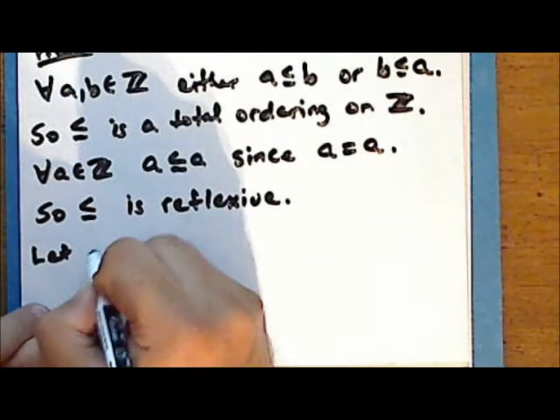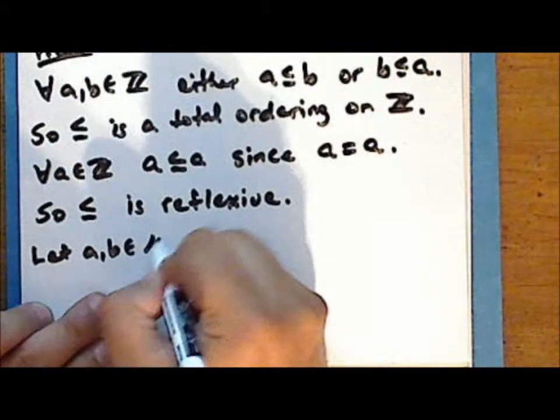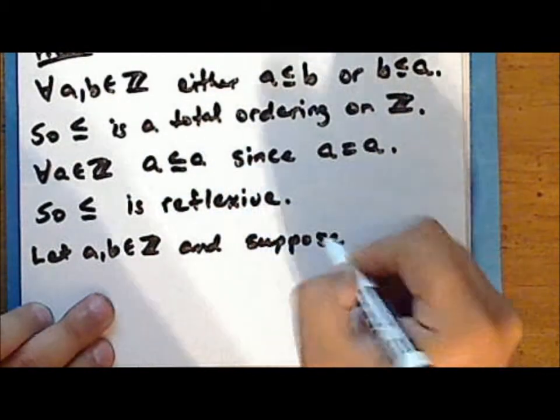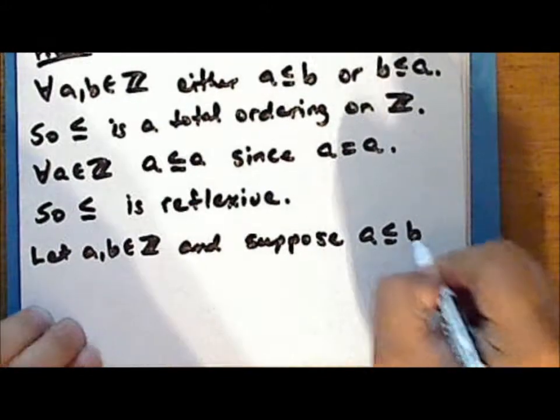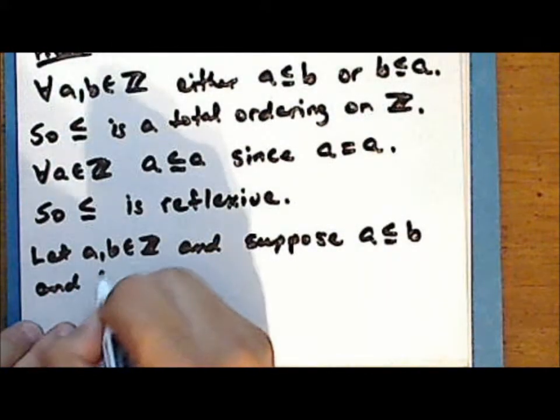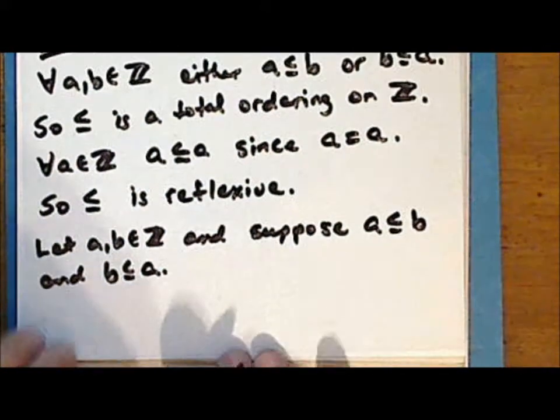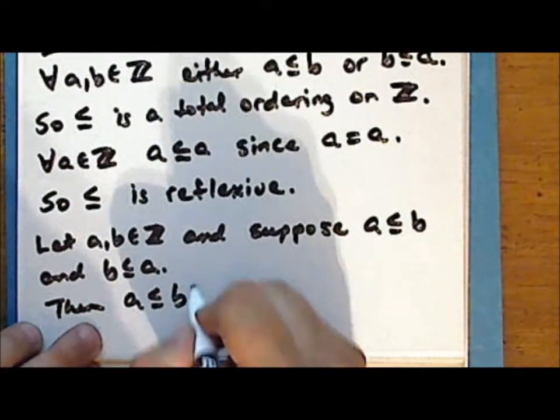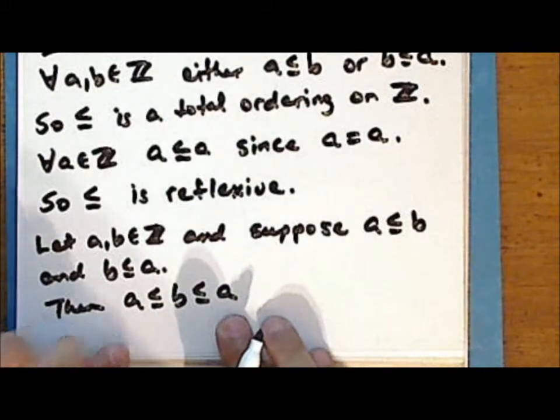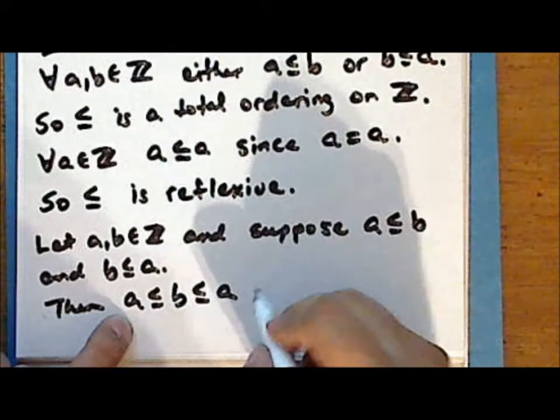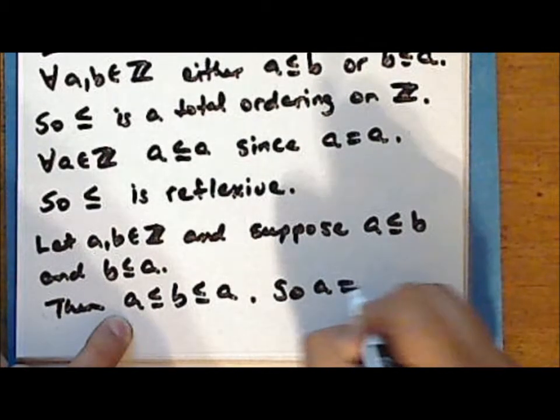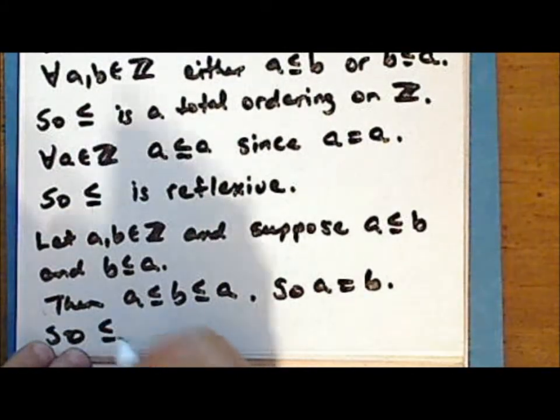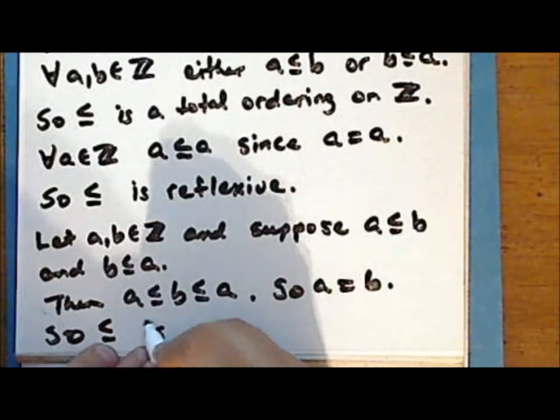So now let a and b be two integers, and suppose that both a is less than or equal to b and b is less than or equal to a. Then a is less than or equal to b, which in turn is less than or equal to a. And as a is equal to itself, we have that a must be equal to b. And so the relation less than or equal to is antisymmetric.